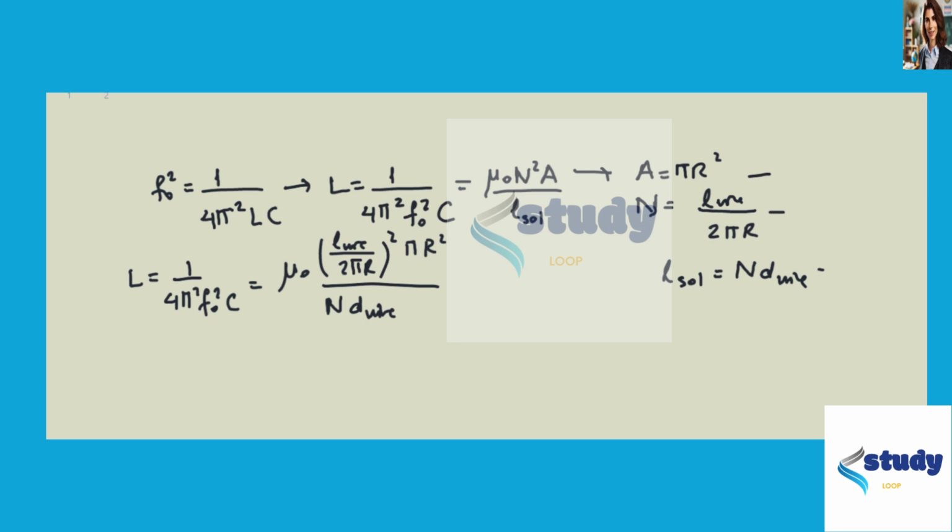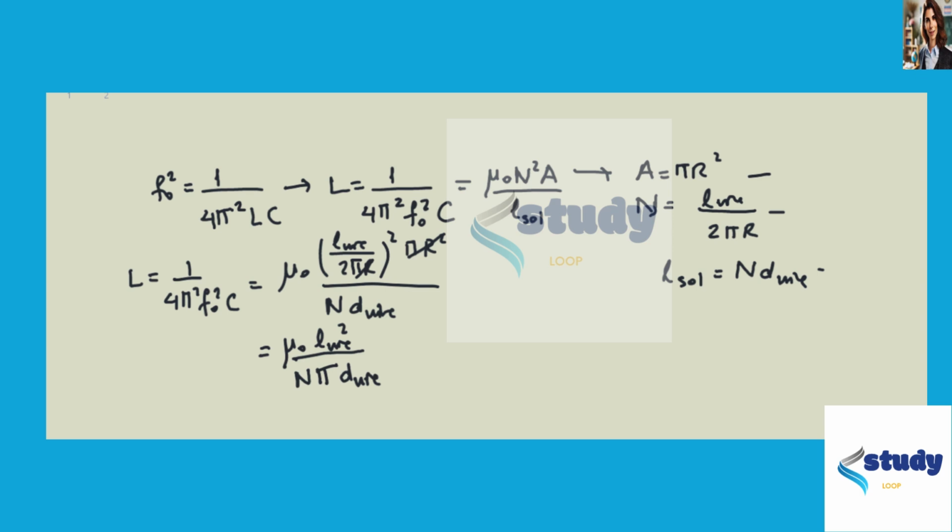The pi R squared cancels this pi R squared, and what we have on the right-hand side is mu naught L wire squared, one pi cancels out, and we still have another pi here, over n times pi times d wire.